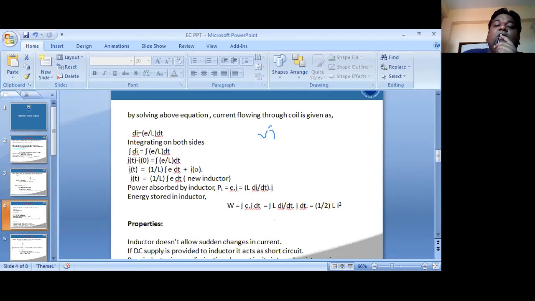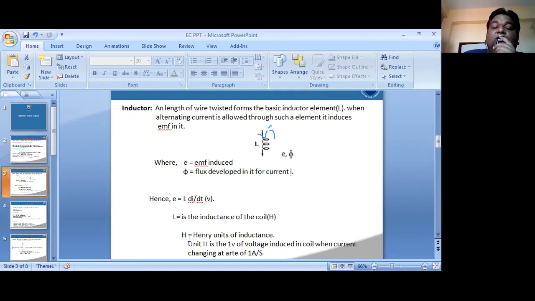Next, if DC supply is provided to the inductor, it acts as a short circuit. For this explanation also, we'll go to the same expression. DC means direct current, which is nothing but constant current. When the current I is constant, di by dt is 0.